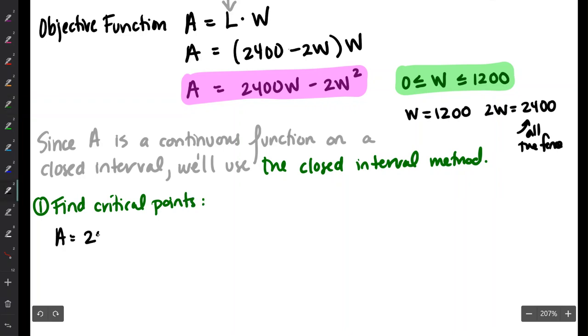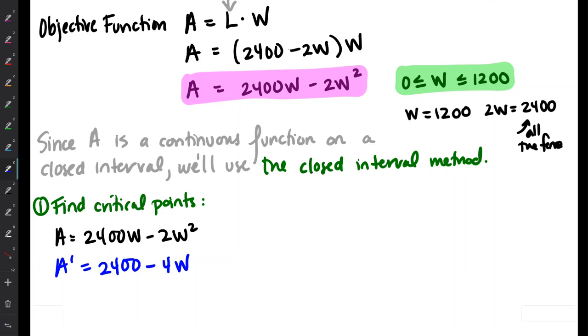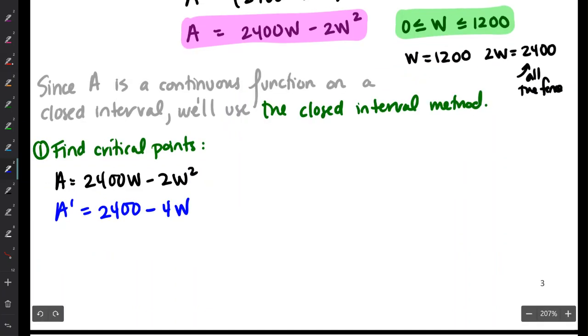A is equal to this. A prime, oops, I erased a little too much. A prime is equal to 2,400 minus 4W. There are no places where the derivative doesn't exist, right? There are no domain restrictions.